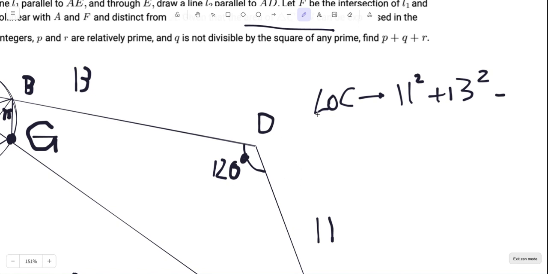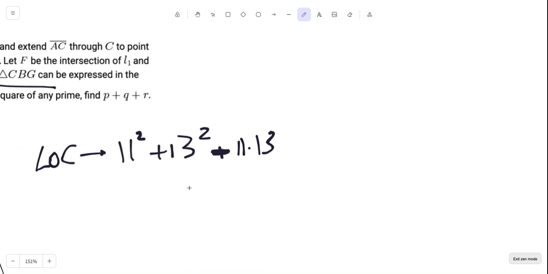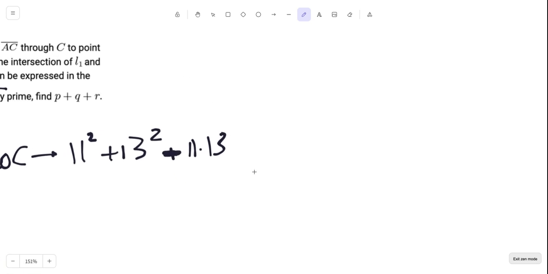Cosine of 120 degrees is negative 1/2, so that would become a positive, and the 2 and the 1/2 would cancel out. So this would be just 11 times 13. It would become plus ab instead.